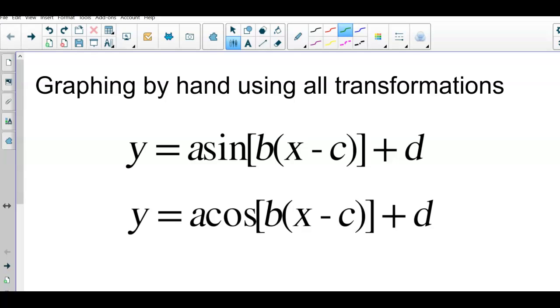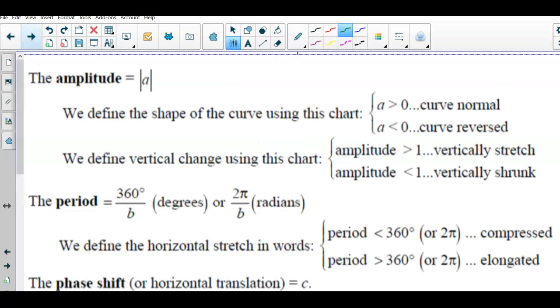Now that we've talked about all four of these translations or transformations, let's talk about how we can use them to graph functions. So these are the two general forms for the equations of the graphs. A refers to the amplitude, and basically it talks about how stretched out the graph is vertically.